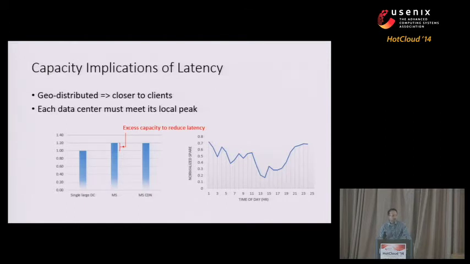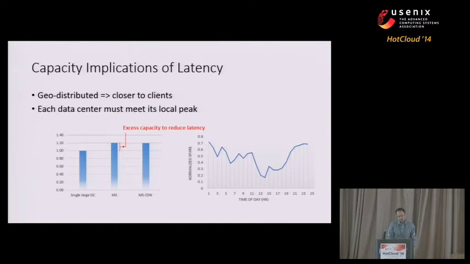Then if I go closer to the clients, and each of my data centers close to the client locations has to meet the local peaks in demand, I end up wasting about 20% capacity. And not necessarily wasting, because I'm getting latency benefits, but that's the cost I have to pay.